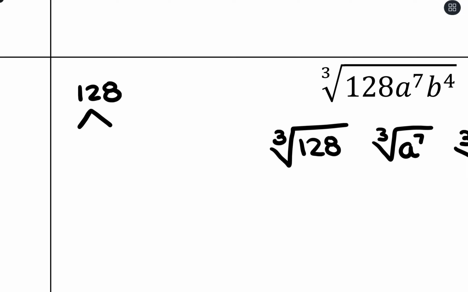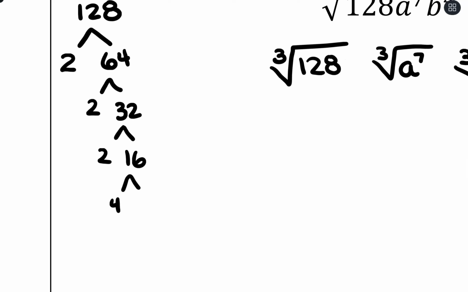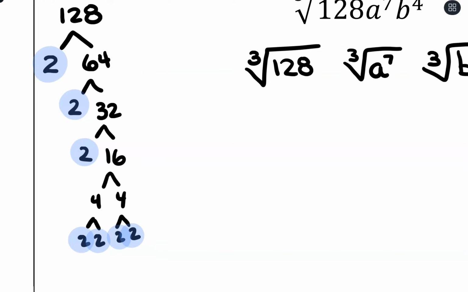So let's talk about 128 for a second, just to see numerically what we're going to get out of that cube root. So that's a 2 times 64, which is a 2 times 32. Oh boy, this is going to be lots of 2's. 2 times 16, 4 times 4, which is 2, 2, 2, 2. So 128 is made up of 1, 2, 3, 4, 5, 6, 7 2's multiplying together. Let's write this out.